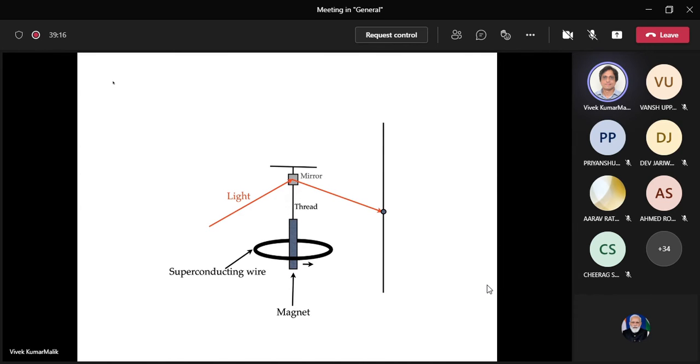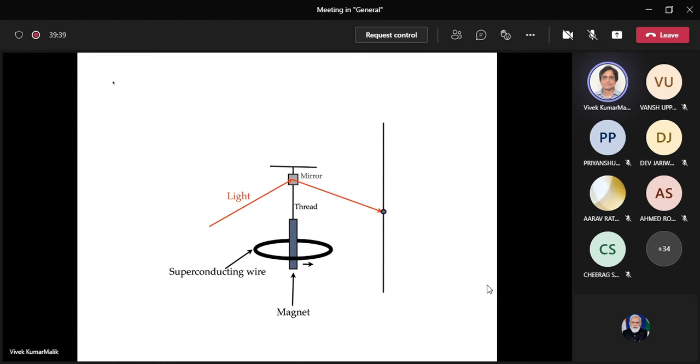Okay, but here, as you see, if it's in the superconducting state, you take it to the superconducting state, then there will be a torque, and this light would have a certain reflection at a certain point on the wall, like this.